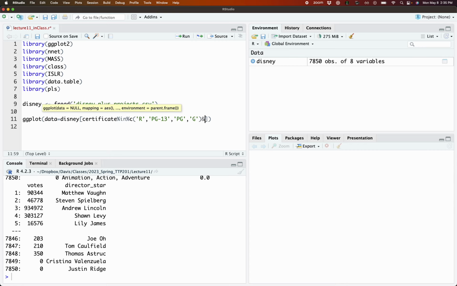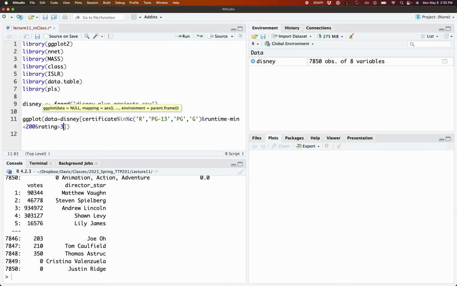We are also going to filter this data set to only include movies that are less than about 3.5 hours long, because ain't nobody got time to watch super long movies.